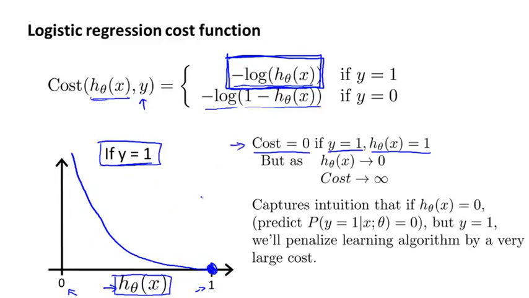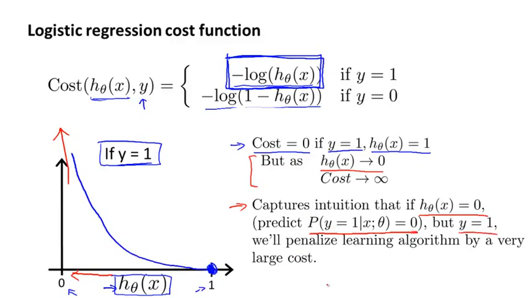And that's what we'd like it to be, because if we correctly predict the output y, then the cost is 0. But now notice also that as h of x approaches 0, so as the output of the hypothesis approaches 0, the cost blows up and goes to infinity. This captures the intuition that if a hypothesis outputs 0, that's like saying the chance of y equals 1 is equal to 0. It's kind of like going to a medical patient and saying the probability that you have a malignant tumor, the probability that y equals 1, is 0.